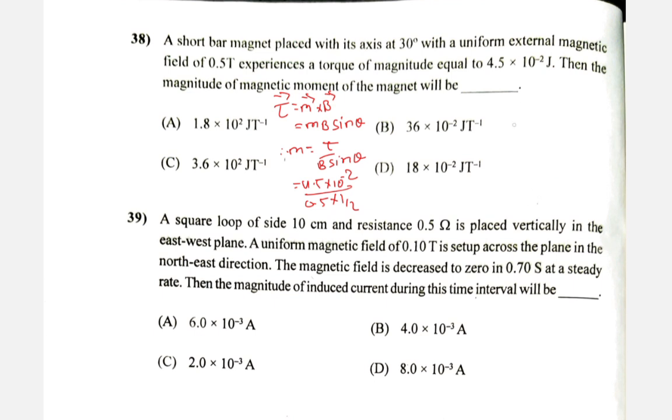So the answer will be m equal to 1.8 into 10 to the power minus 1 joule per Tesla. No option satisfied. Okay, 1.8 into 10 to the power minus 2 joule per Tesla.